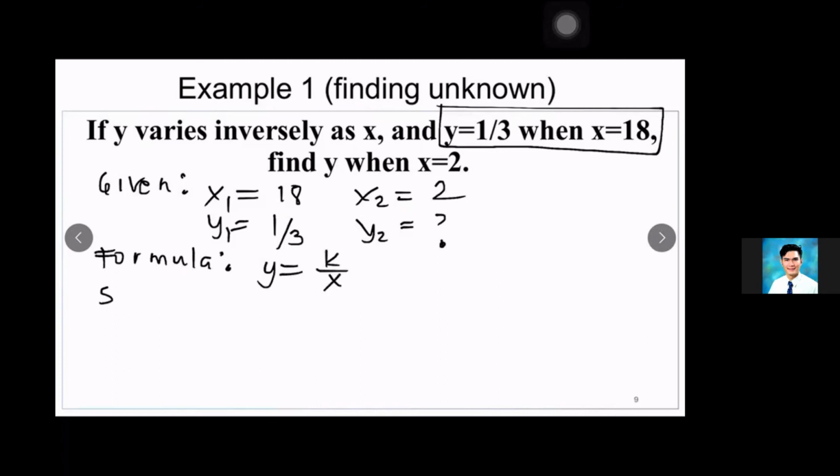Next, for our solution, always remember our first step is identifying the value of k. In identifying the value of k, we will be using the first set of given, the x sub 1 and the y sub 1. Substituting the values, we have y sub 1 is 1/3, and x sub 1 is 18, so 1/3 equals k over 18.